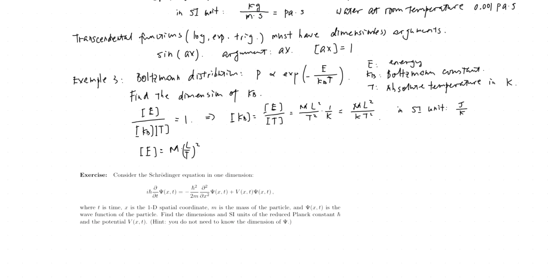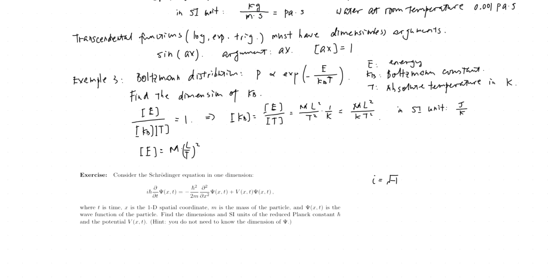The goal is, suppose someone gives you an equation and you have never seen it. How do you use dimensional analysis to make sense of it? So what I can tell you is, okay, the i is the imaginary number, defined as square root of -1. The h bar is called the reduced Planck constant, but we don't know what it is.